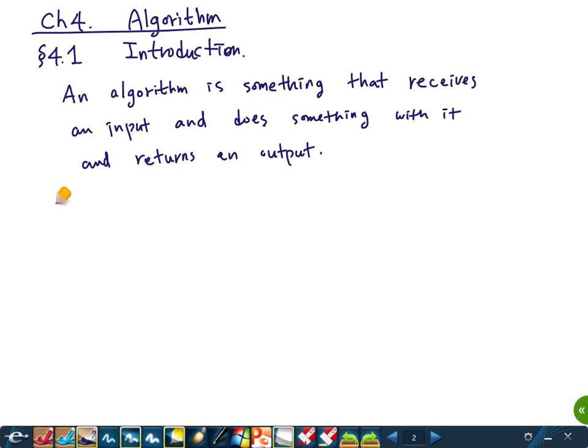And there are many programming languages like Python, C, Java, and many things like that. They are somehow similar, but they are not quite the same. But they have many things in common. So in this course, we are not going to use a specific programming language. We will use what we call pseudocode.